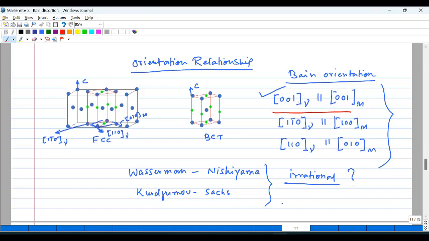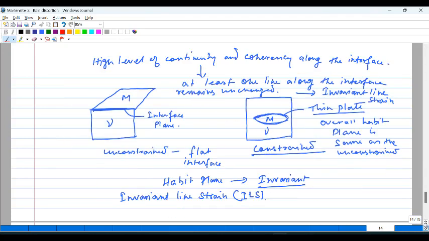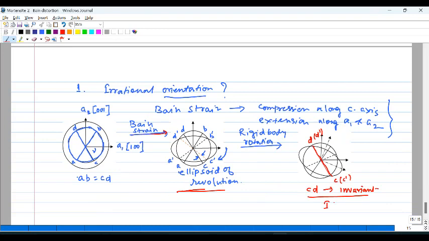So I think we have been able to answer this question now. And we have also seen that this one is an invariant line strain, right? One line is remaining unchanged here. And this is correctly predicting the experimentally observed structure of martensite. So remember what I said, we need a line to be invariant for this transformation to occur.